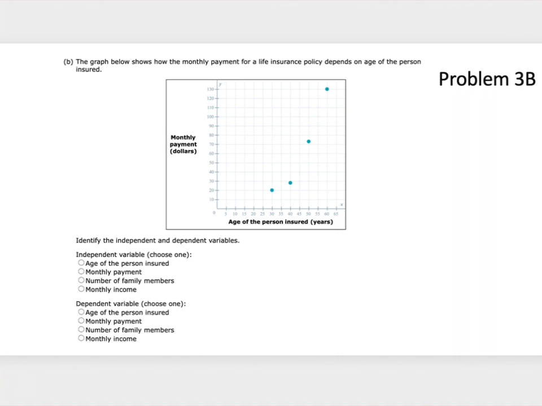And B, the graph below shows how the monthly payment for a life insurance policy depends on the age of the person insured. Okay, so here down at the bottom is the age of the person insured, and then the monthly payment depends upon this. So we would say this is our input, okay, and our input is our independent.